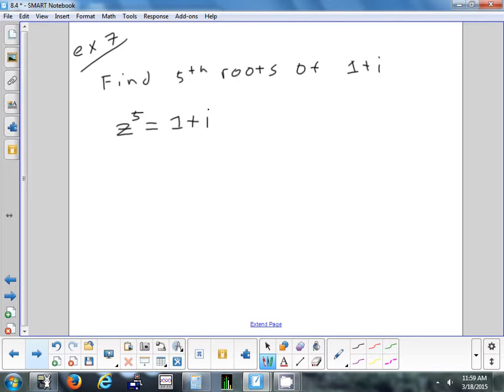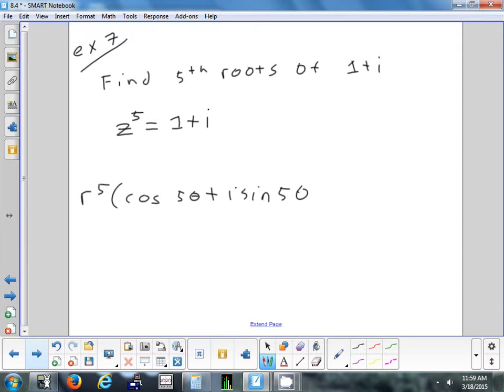Andy? R to the 5th. Good. R to the 5th. Cosine, can you tell me my angle too? Think about DeMoivre's theorem and you're raising something to the 5th power. 5 theta. Good. 5 theta plus I sine 5 theta.